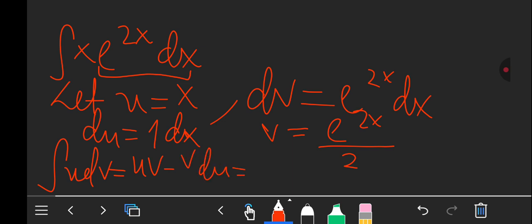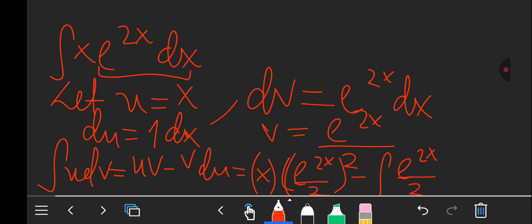Once we apply this formula, our u is actually x, our v is e to the power 2x over 2. Then minus the integral of our v, again e to the power 2x over 2, and our du is the derivative, which is 1, then dx.